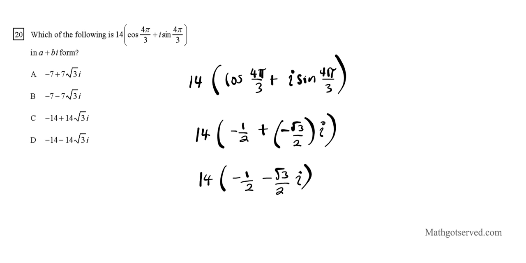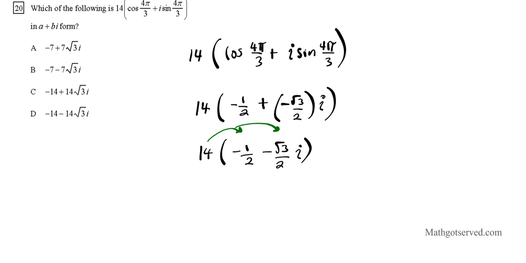To finish, we distribute 14 into both: negative 14 over 2 minus 14 root 3 over 2i. Dividing by 2 top and bottom gives negative 7 minus 7 root 3i. And there goes your final answer in rectangular form. So our answer is option letter B.